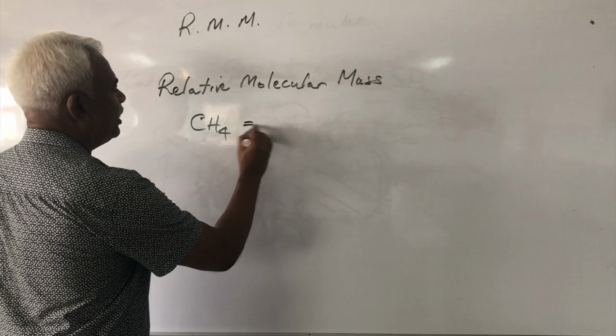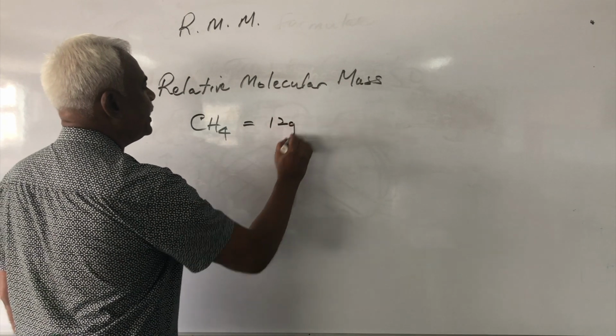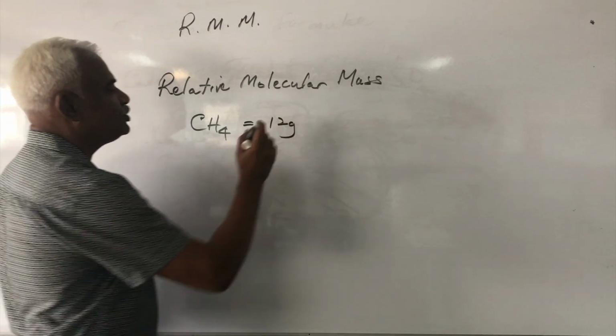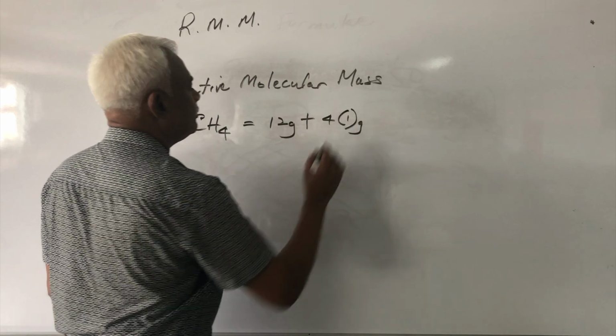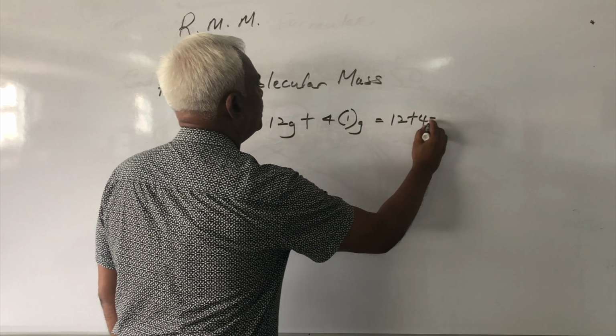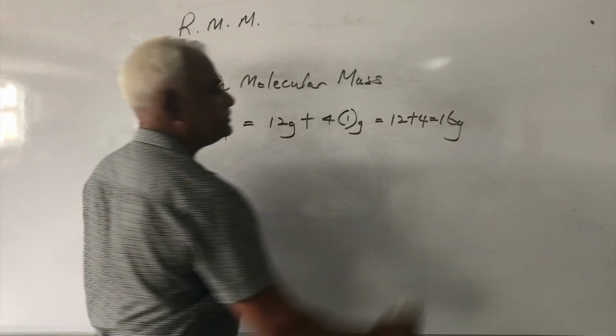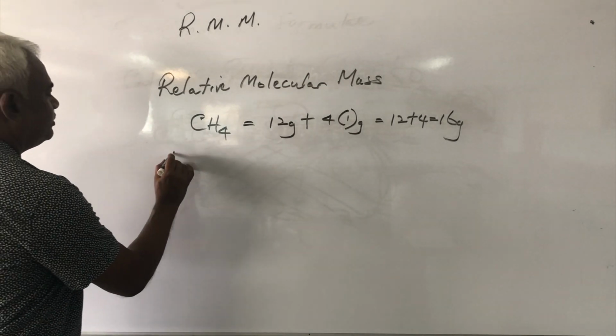I have 1 carbon, I have 4 hydrogens. Carbon weighs 12. Hydrogen, as you know, weighs 1. I have 4 hydrogens. 12 plus 4 equals 16 grams. Let's look at another example.